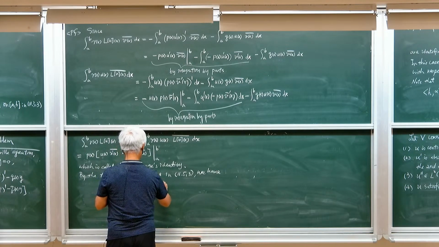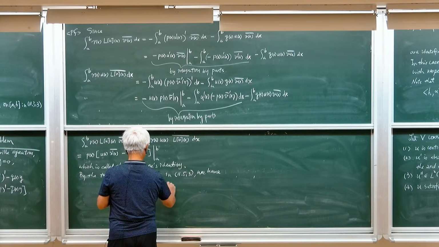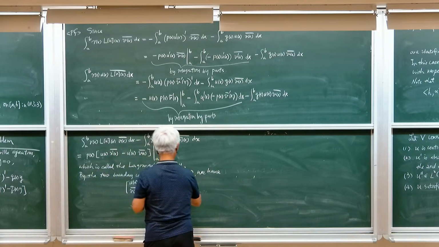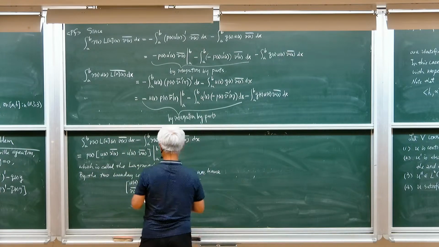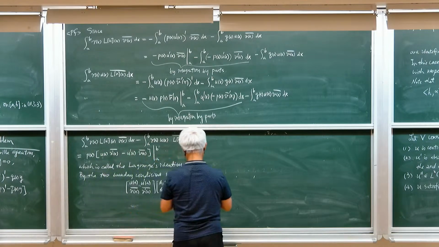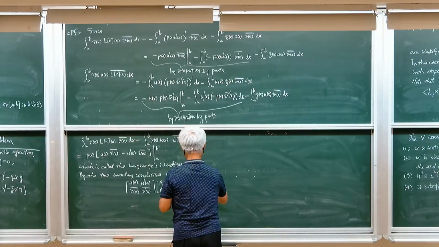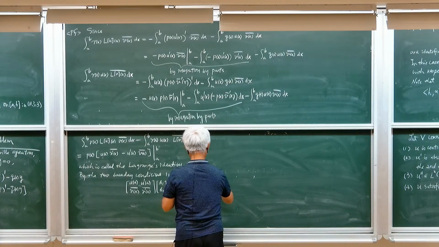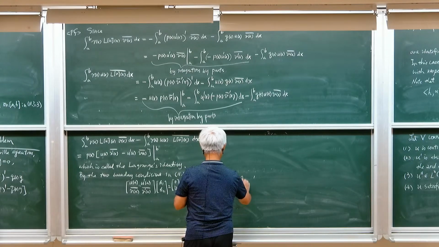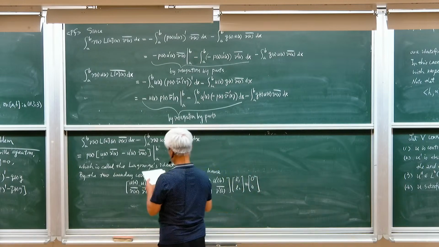This is for k1, k2 equal to 0, 0. So this is at the endpoint a. At endpoint b, we have u(b) and u prime(b) and v̄(b), v̄ prime(b), and l1, l2 equal to 0, 0. Okay?